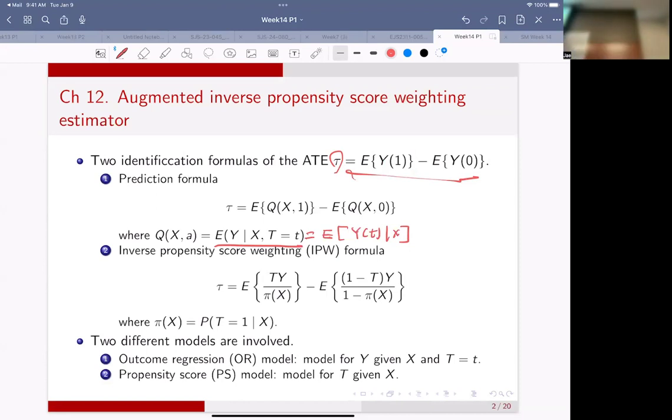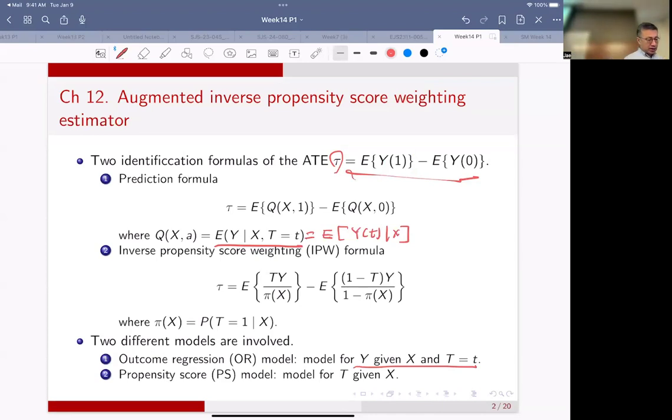Behind these identification formulas, we actually have different models. The first we can call the outcome regression model, which is the model for the outcome Y given the covariates and the choice of treatment.